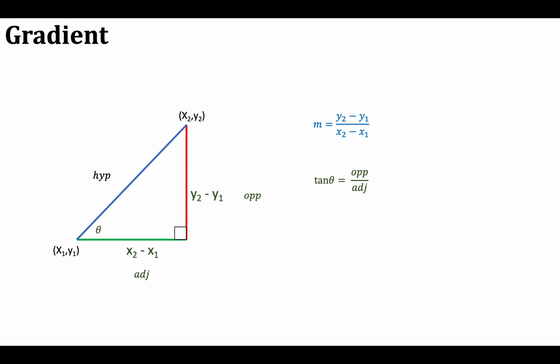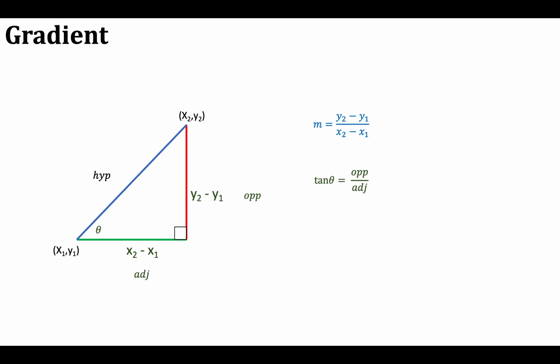Now, I know that if I want to find tan of the angle, the tangent of the angle, I get opposite over adjacent. Okay, so you'll have learned that before in right angle trigonometry, or you would know it as SOHCAHTOA. So this is the TOA part.